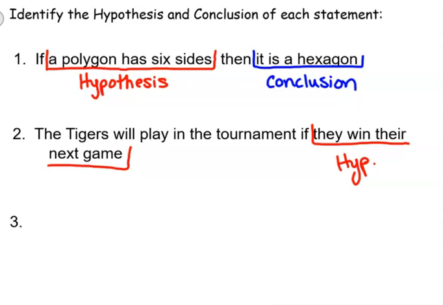Even if it doesn't involve the word then, the Tigers will play in the tournament is going to be my conclusion. Okay, so if it's an if-then form, the order could be different. You might only have an if and not a then, but we still get what we need. We're going to skip the fact that number 3 is blank, and we're going to move on to the next part.